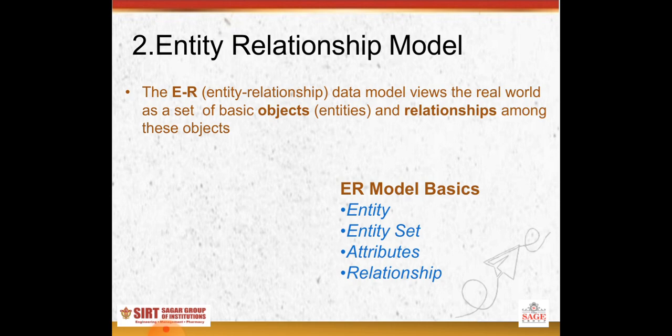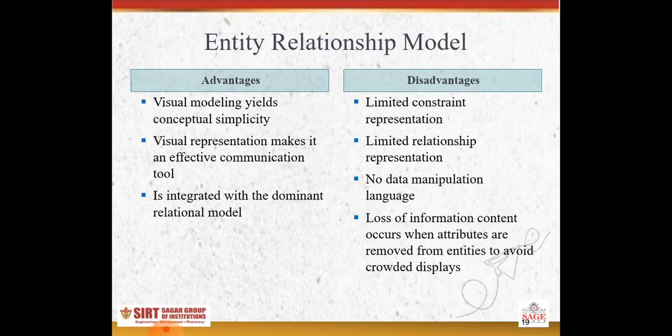Then comes the entity relationship model. Entity relationship model views the real world as a set of basic objects and relationships among these objects. These ER models basically define entity, entity set, attribute, and relationship.